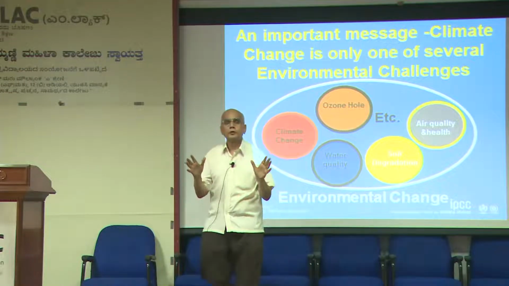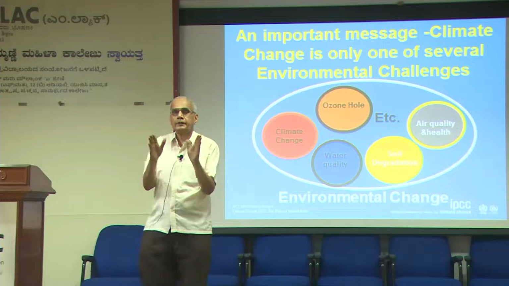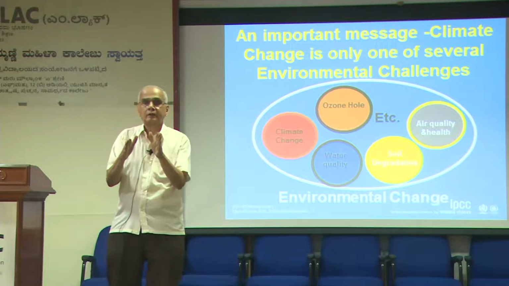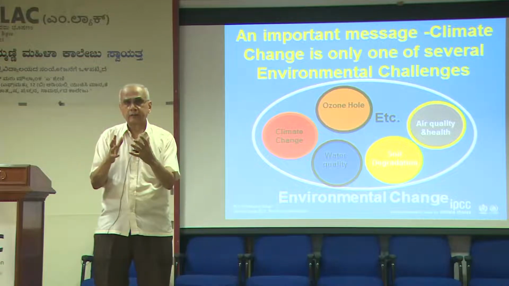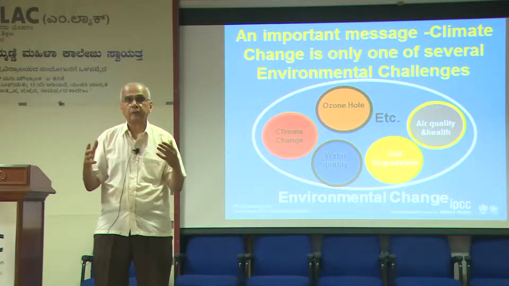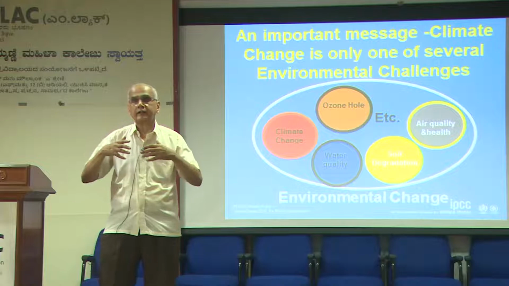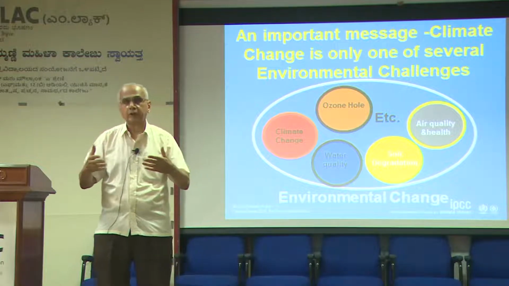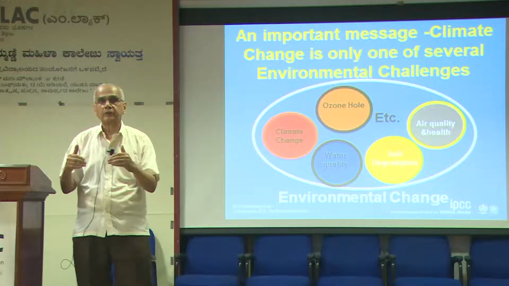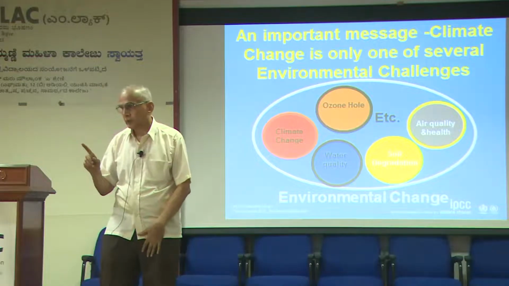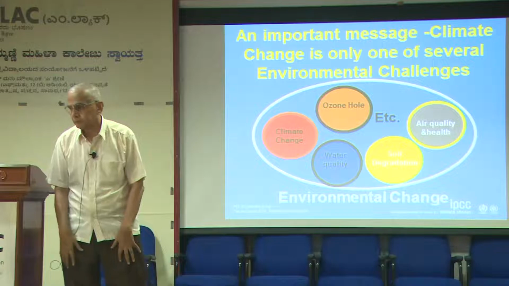So all these have to be looked at together. Climate change is just one example of the problem we have created. They're all connected to the way we live our life. If we live our life in a very careless way, all this will happen. If you're a little more careful, we can cut down the unsustainable way in which we have done things in the past. Now let's conclude with one slide.